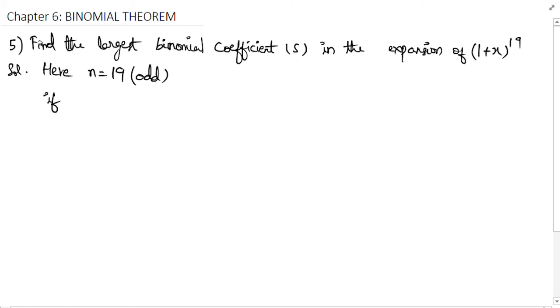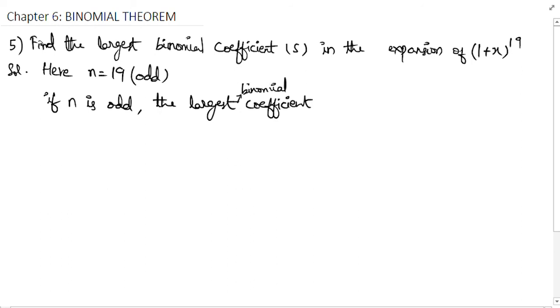So if n is odd, then the largest binomial coefficient in (1 plus x) whole power n is nC((n minus 1) by 2), or it can be nC((n plus 1) by 2), right?